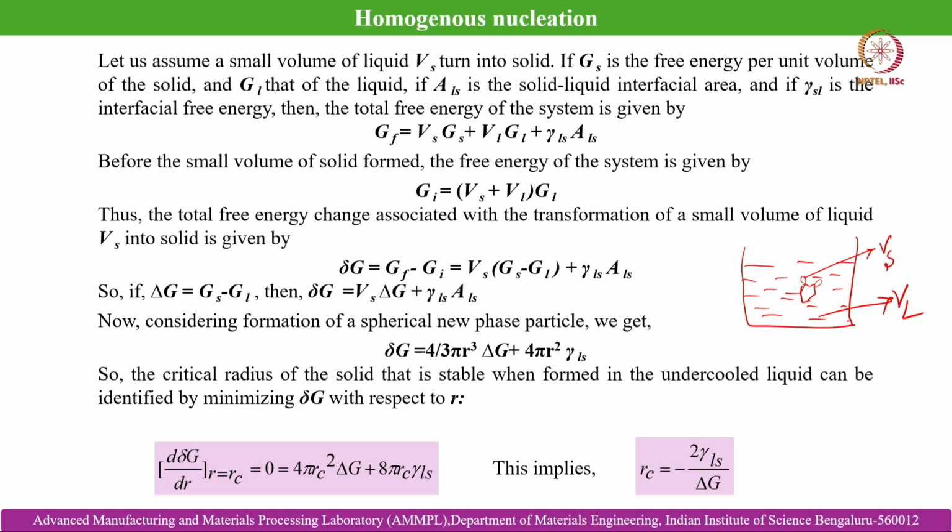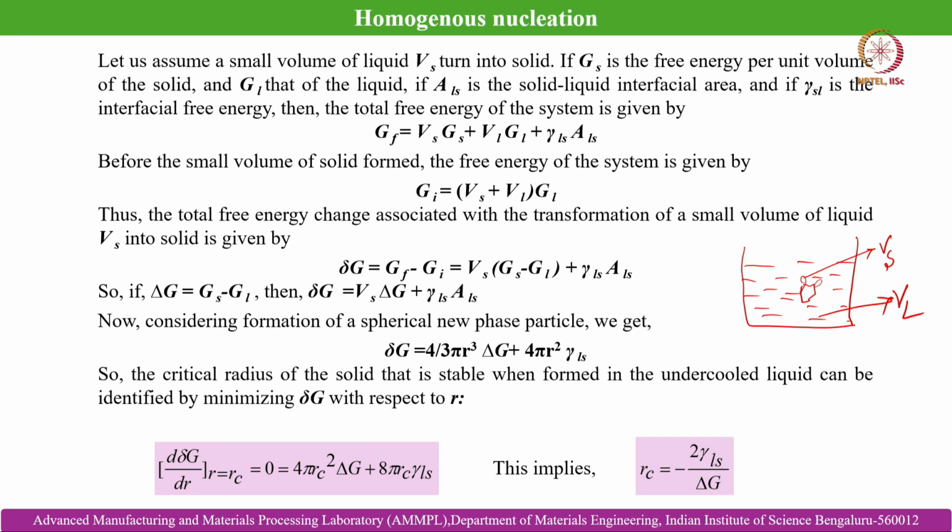If ALS is the solid liquid interfacial area, and gamma LS is the interfacial free energy, then the total free energy of the system, the final free energy Gf, is equal to Vs into Gs plus Vl into Gl plus gamma LS ALS. Gamma LS is the surface energy of the evolving tiny solid particle, and ALS is the liquid solid interfacial area of the tiny solid particle that is originating from the liquid melt.